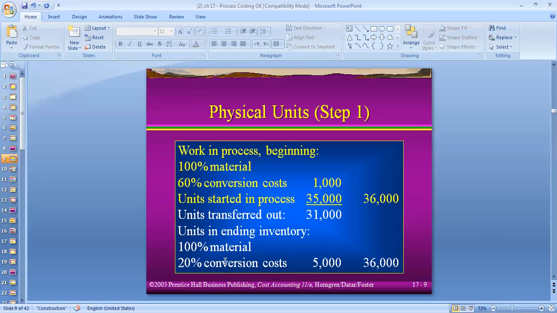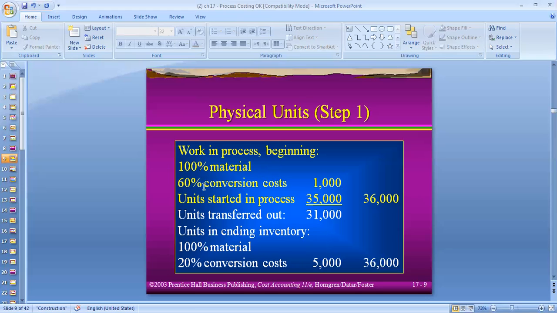When computing the equivalent units regarding ending work in process, no problem, just like the previous example. But consider here that the beginning work in process, the 1,000, has completed from the material point of view, so it needs no material to be completed. So it will be 0% regarding material.